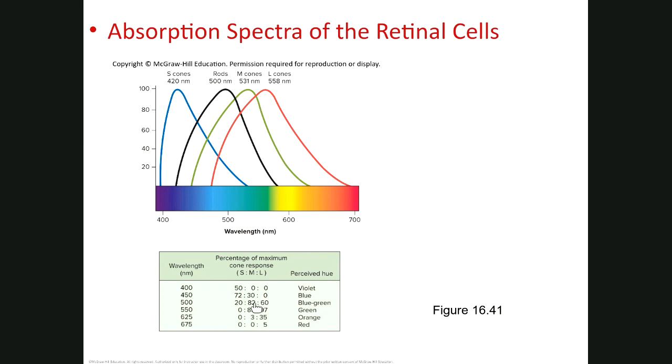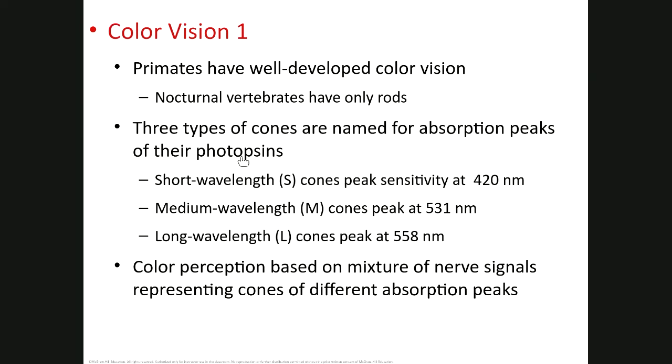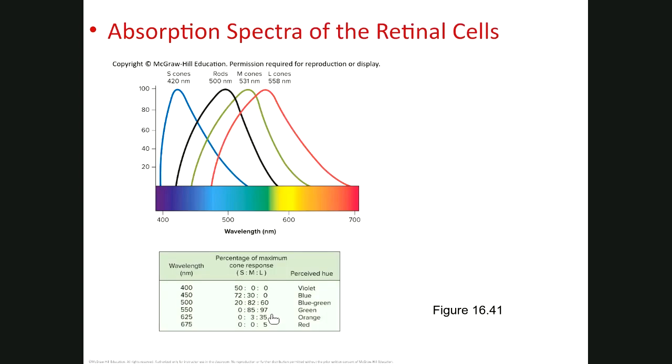Long wavelengths capture more of the middle going towards the maximum. For example, red is at 675 nanometers. So only the long wavelength cones, remember, you have short, medium, and long, are the ones who can receive the reds.